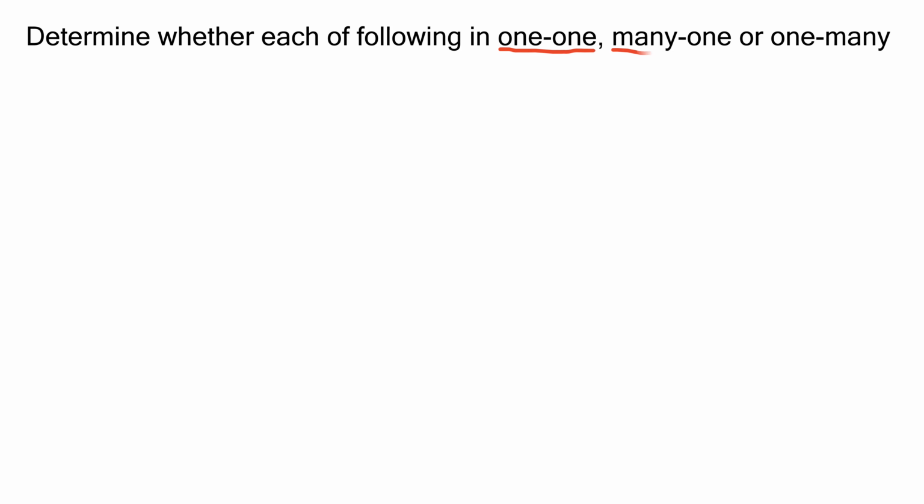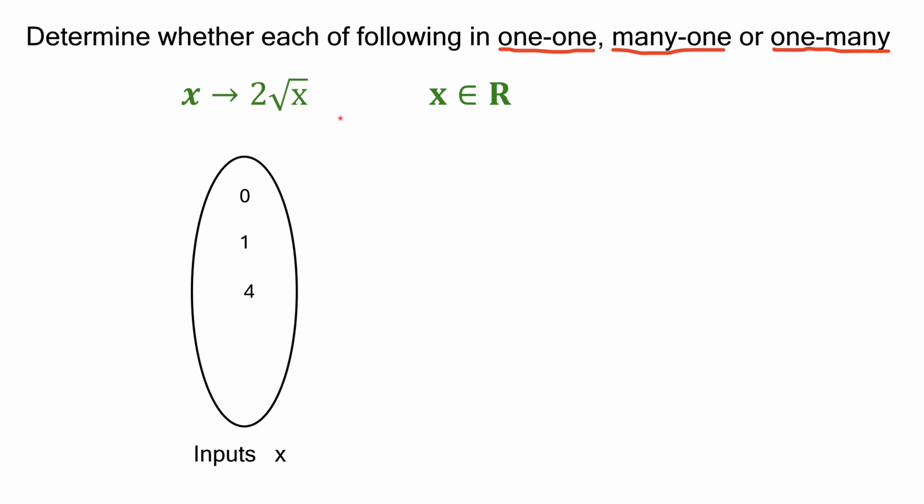And for the third type, we have this relationship. Similarly, x belongs to R. You can select any number. I have selected 0, 1 and 4. Why have I selected 4? Because I have to take the square root.